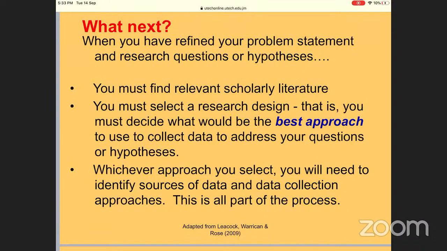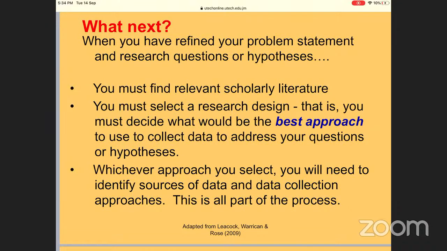Once you have figured out at least tentatively your problem statement and tentatively your research question, then I would talk about that for the last 2 weeks, and hopefully also in your tutorial, you need to find relevant scholarly literature. I had an online office consultation where somebody wanted something very precise, this is exactly how you do it.